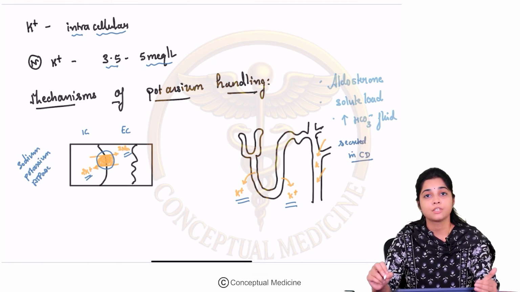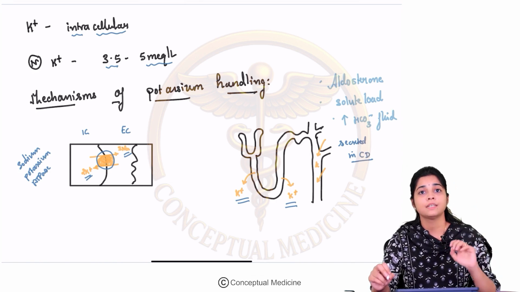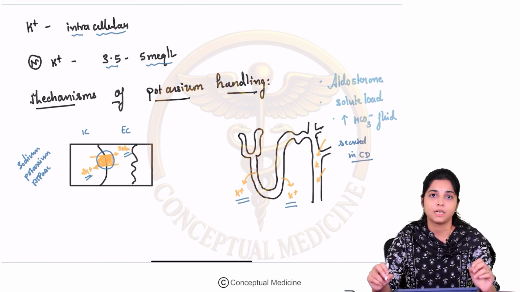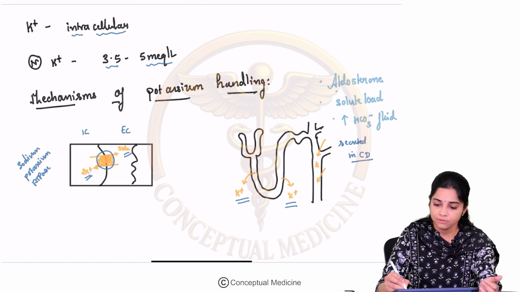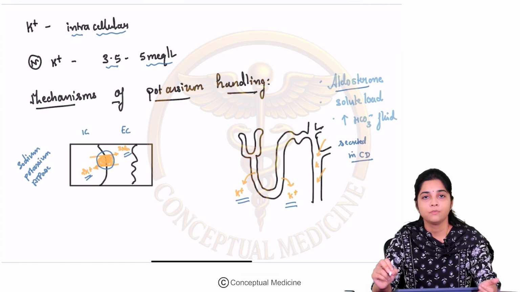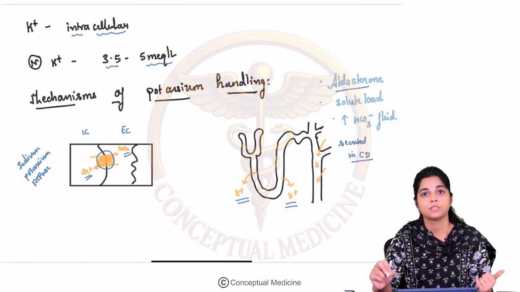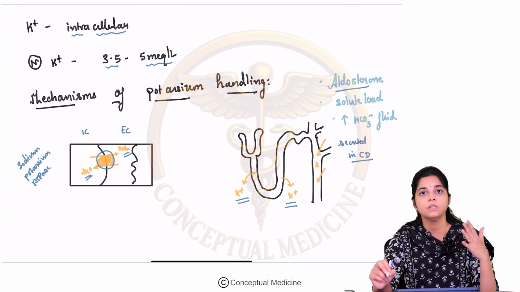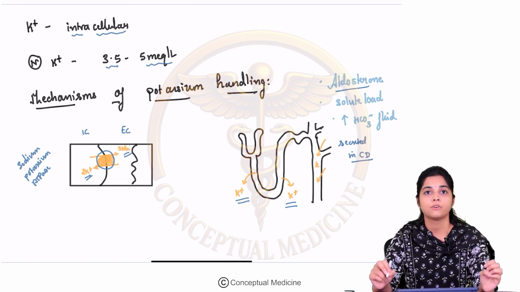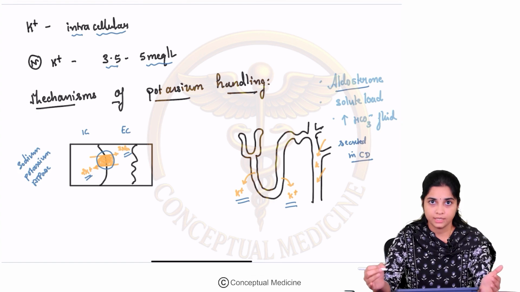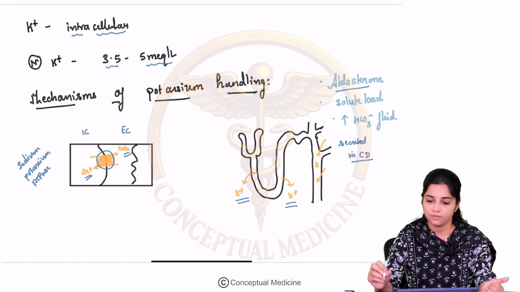This secretion of potassium in the distal part is under control of, one, aldosterone. We have learned that aldosterone is responsible for the reabsorption of sodium and excretion of potassium, right? So this last portion of the collecting duct where the potassium secretion happens is under the control of aldosterone.